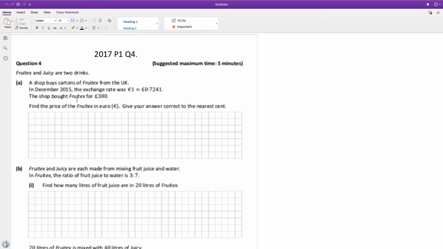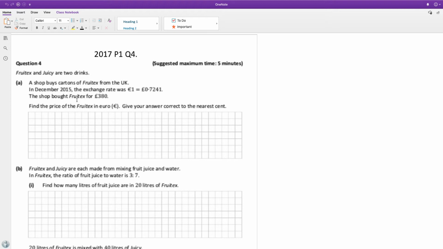Multiply by? Yes, so the shop bought fruit X for £380. You divide by the currency we have, which is? And you multiply by €1. So let's look at that then.